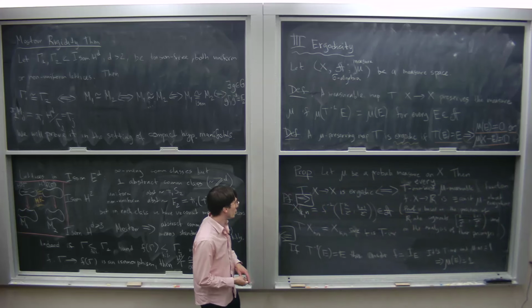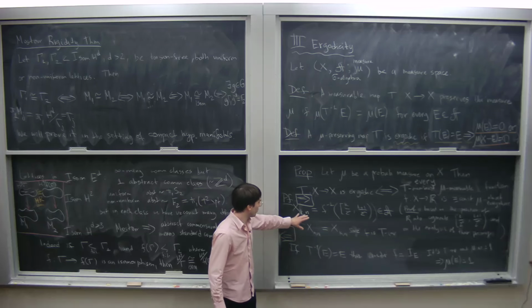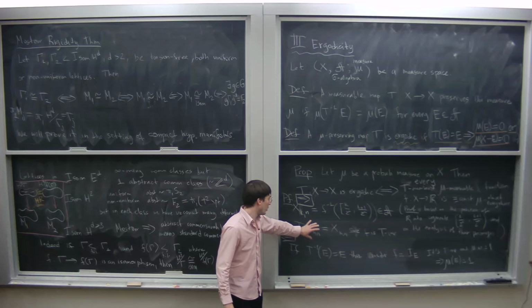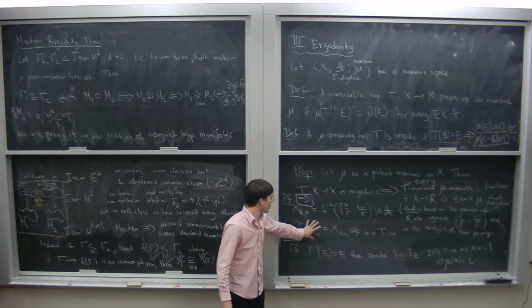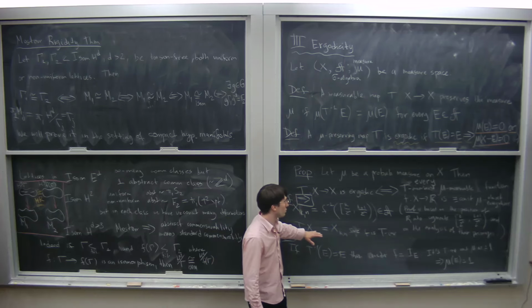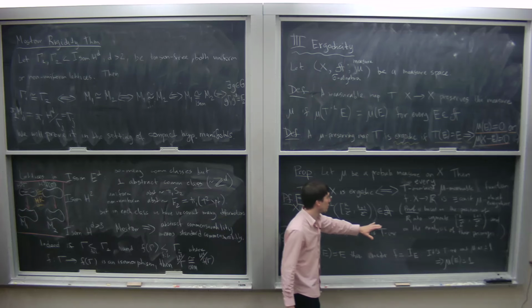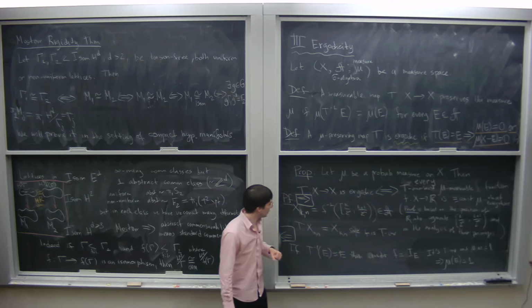Here the proof is a little bit more complicated, but one needs to show that these are measurable, and we are basically going to show that ergodicity implies that the function is almost everywhere constant.